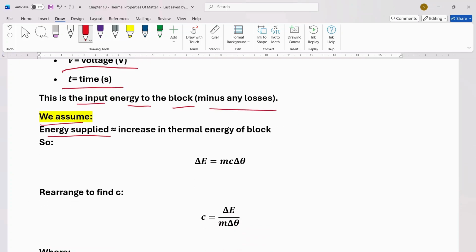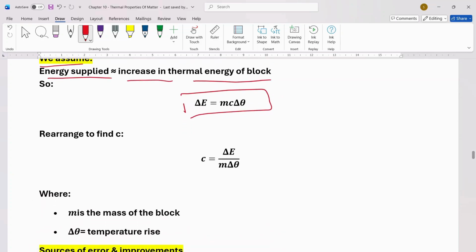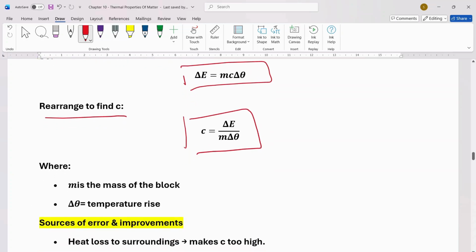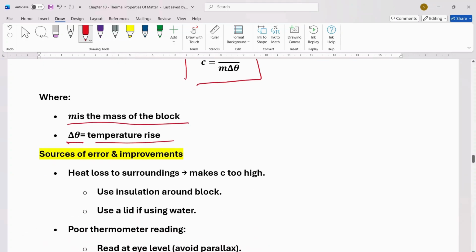We assume energy supplied is equal to the increase in thermal energy of the block. So our equation becomes ΔE equals mcΔT. Rearrange to find C: C equals ΔE over mΔT, where m is the mass of the block and ΔT is the temperature rise.